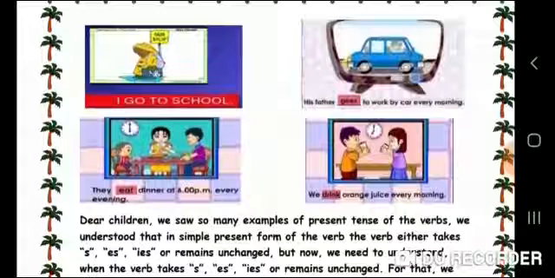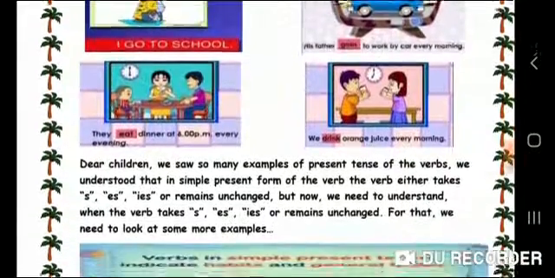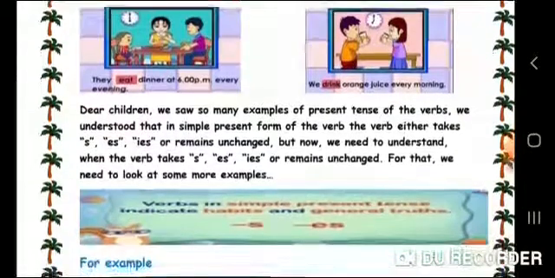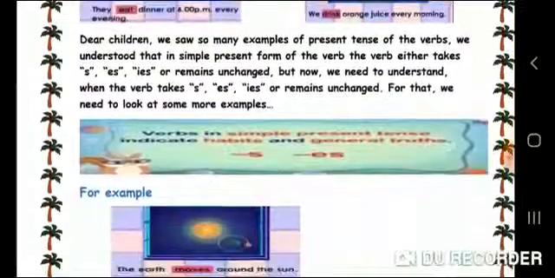We never say I goes, because with the pronoun I we use the simple form go, without s. For his father, we are talking about the third person, so es will be added to go. Likewise, with we and they, we have used eat and drink, the simple forms without s.